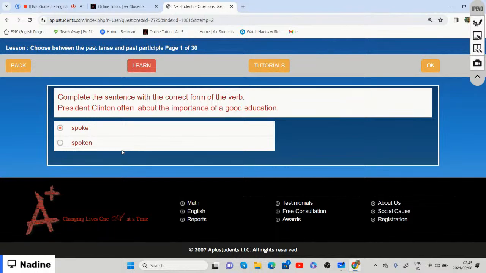So we say President Clinton often spoke about the importance of good education.